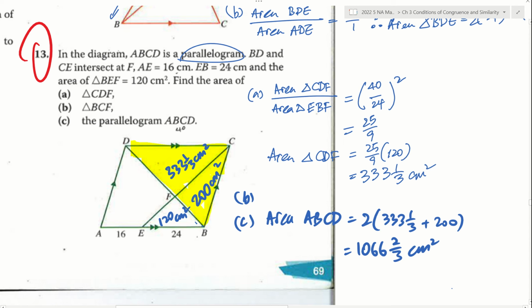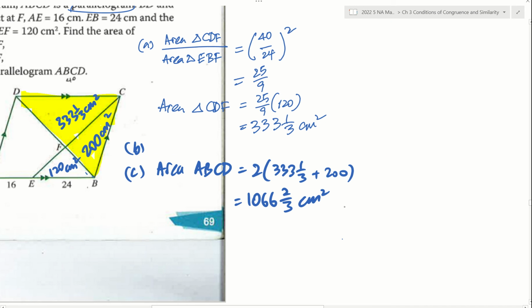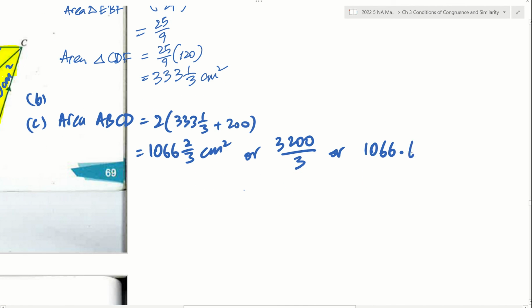Can. You can. Okay, very good question. Can I leave it as an improper fraction, which is 3200 over 3? Let's look at all the options we have. 1066.67 or 1070.